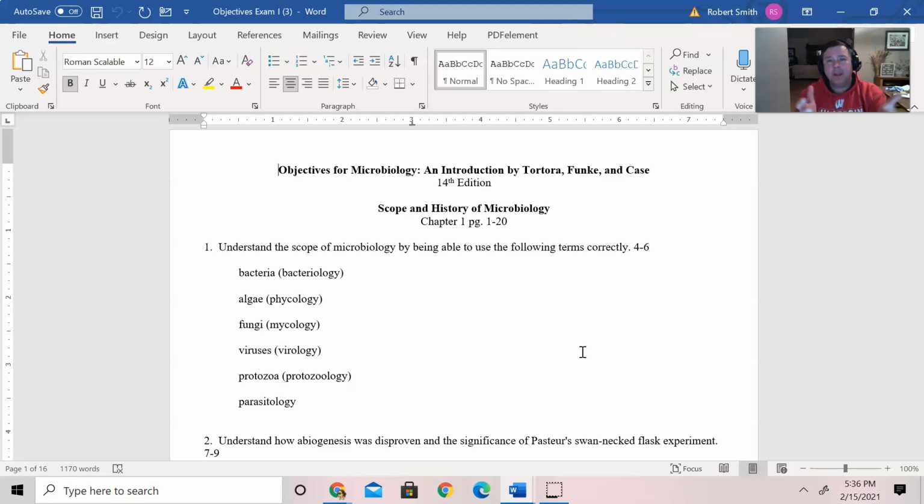So first off, when I write the exam, I'm going to keep things pretty much in sequence. What I mean by that is, for the scope and history of microbiology, for the most part, those questions will be at the very beginning. Then I'll transition over to the second set of objectives and then into the third. My reason for that is, honestly, I really don't want you jumping around.